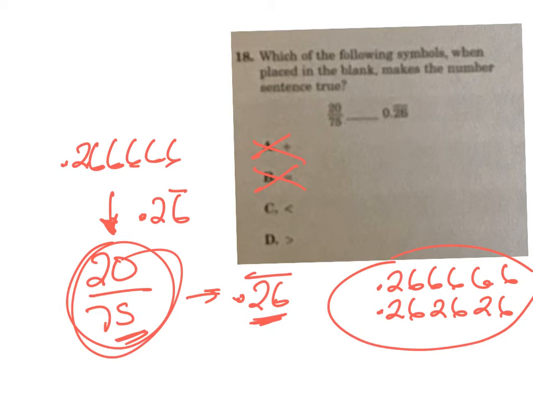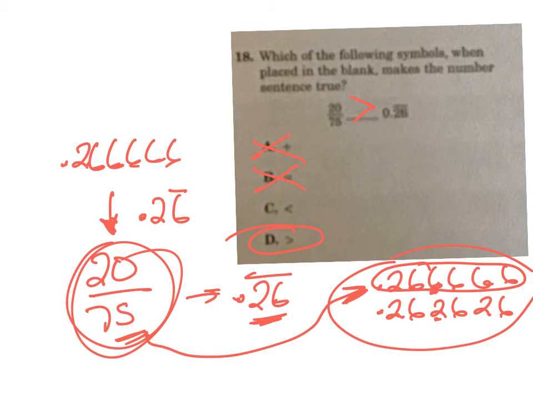It's either less than or greater than. What is that? 2, 2, that's the same. 6, 6, same. 6 and 2. This number is greater than that number, so this has to be greater. So it goes like that. When you compare them, you've got to get something similar. So I like to compare percents to percents, fractions to fractions, decimals to decimals. My favorite is decimals to decimals because you can kind of stack them like this and then see which one is bigger.